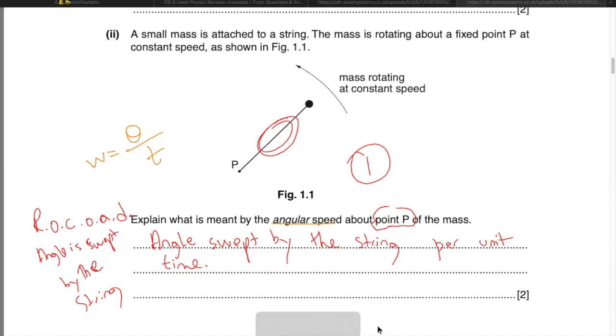So you have 2 possibilities. The first one is write the definition and then mention that angle is swept by the string. And the second option is just write this: angle swept by the string per unit time, because you are basically moving, right? You're doing angular displacement, so you're traveling in terms of angle per unit time.